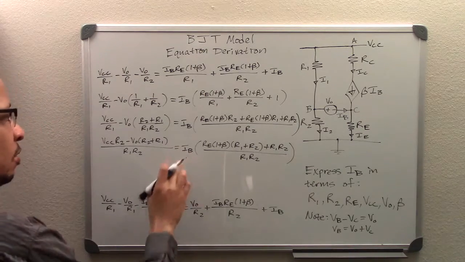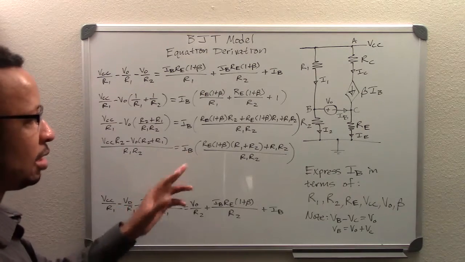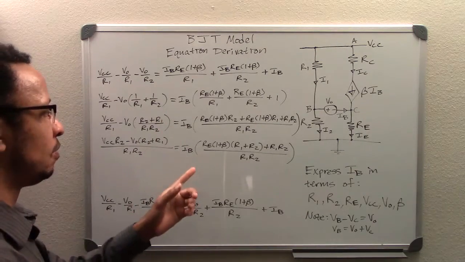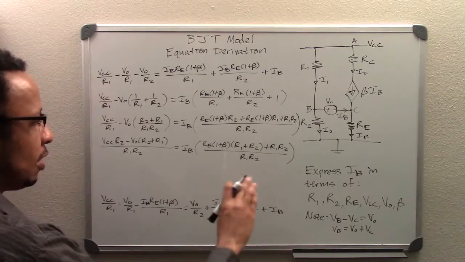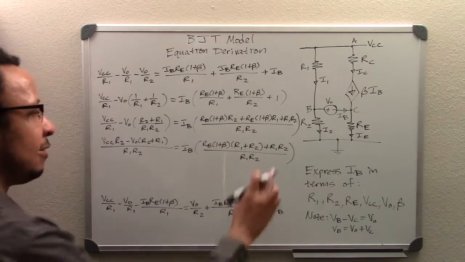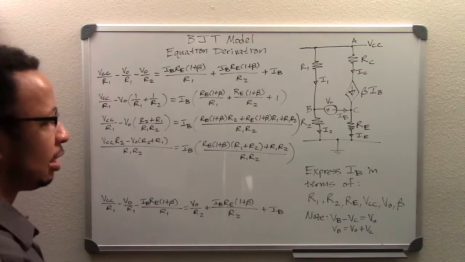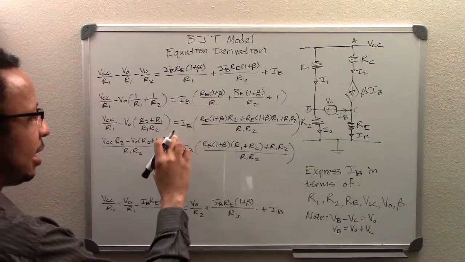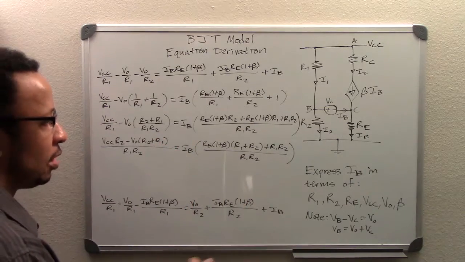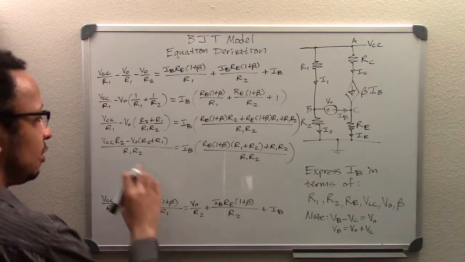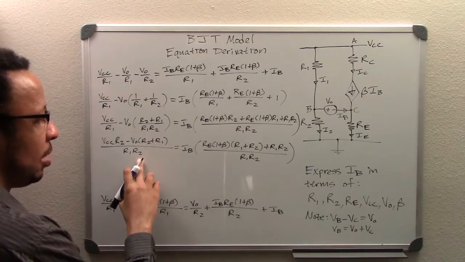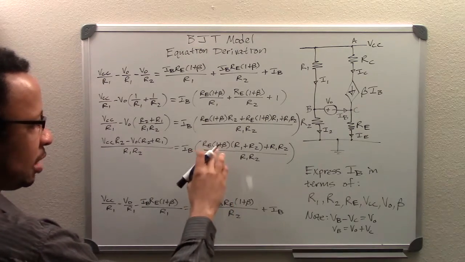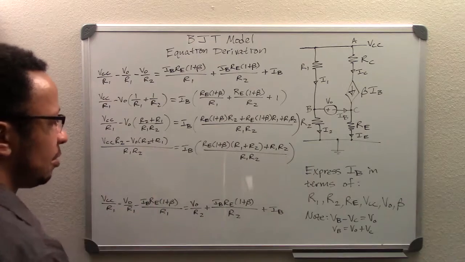Now what we're going to do is finally we have IB isolated by itself. Actually we had it from here, but now this is in a better form, and we're going to multiply by the reciprocal of this on both sides. When we do that, take notice that R1 and R2 is going to be on the top when we multiply that factor, and that's going to cancel out R1 and R2 on the bottom. So effectively we would just be taking this and putting it on the bottom over here.